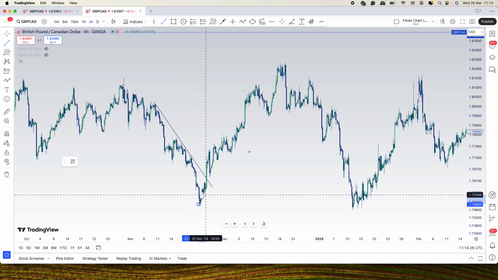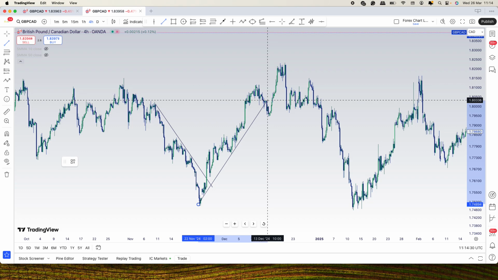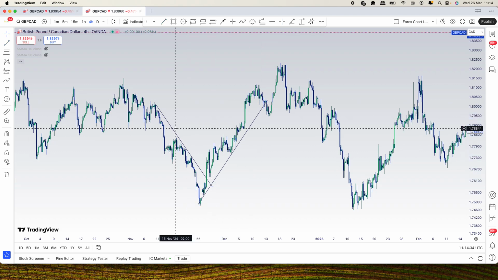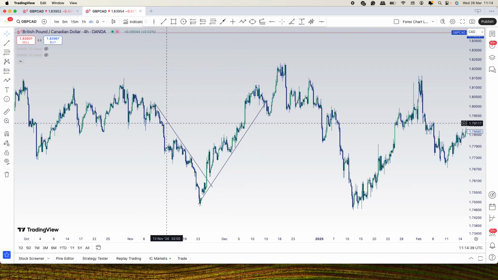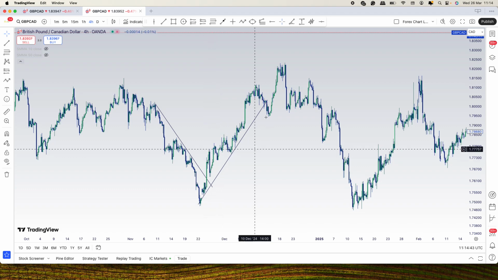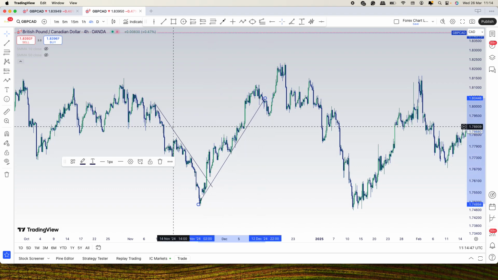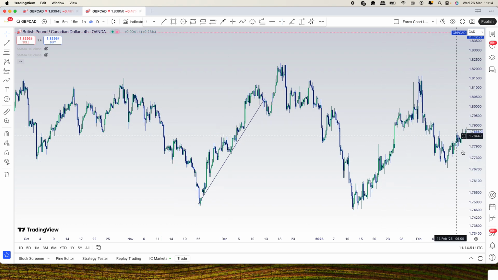When we're looking for reversal entries, not continuations, we want to take a few things into account. When we're looking at a trend line, this isn't exactly the cleanest of trend lines, I'll be honest, but it's a good example that you don't have to have it perfect.